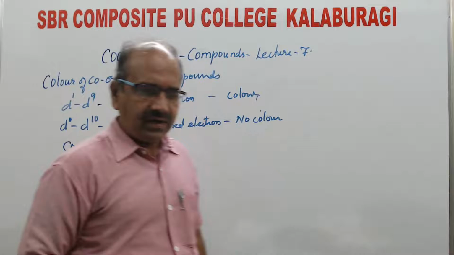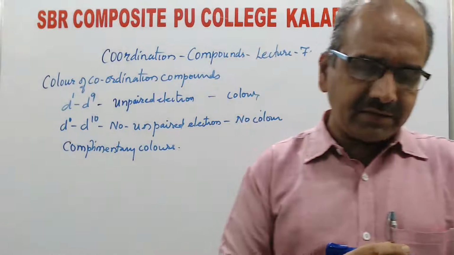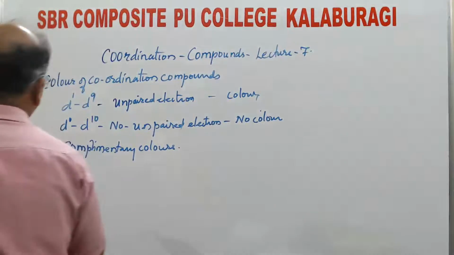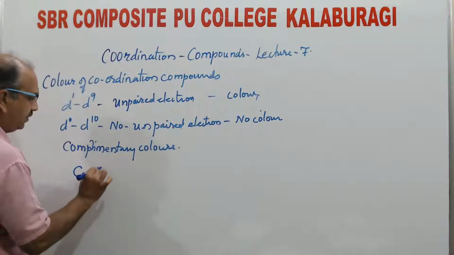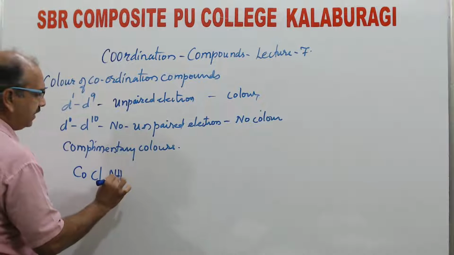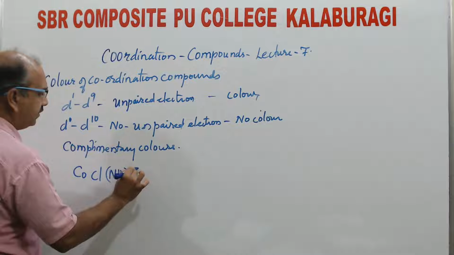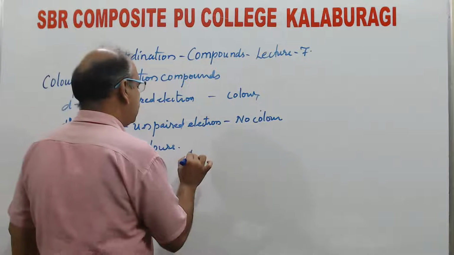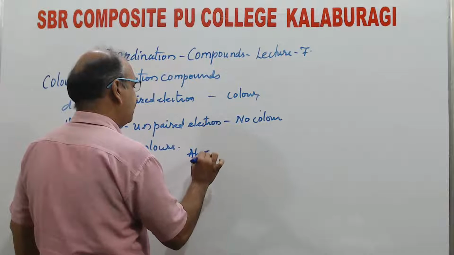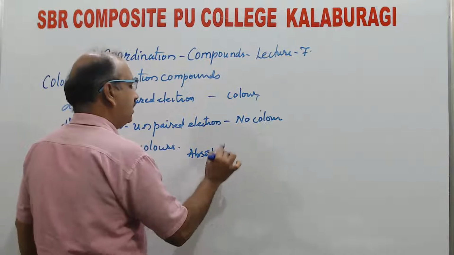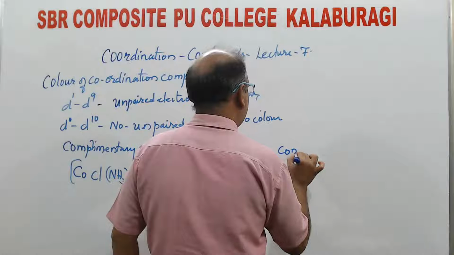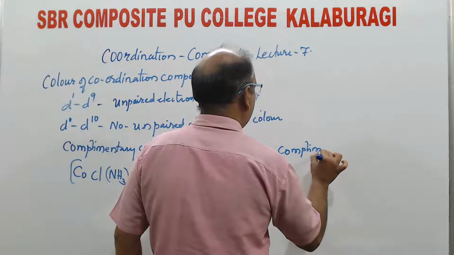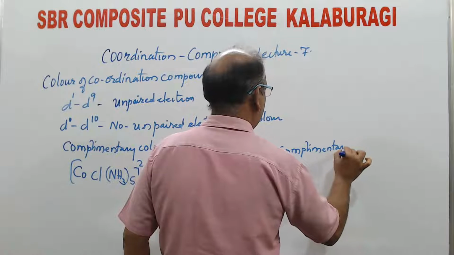Taking one example, let us take [Co(Cl)(NH3)5]2+. Now this is absorbing some color, and the complementary color to that absorbed color is the one which shall be exhibited.